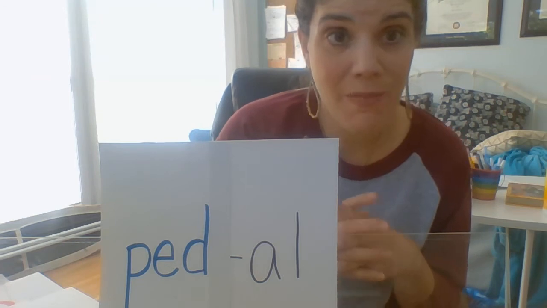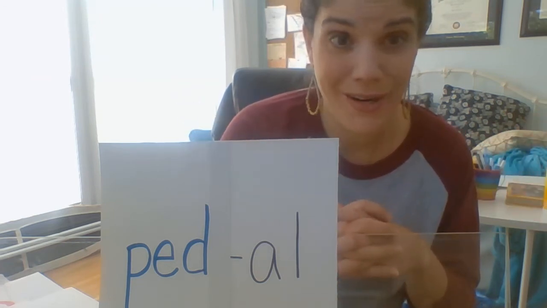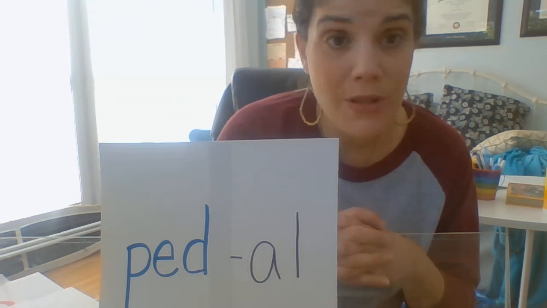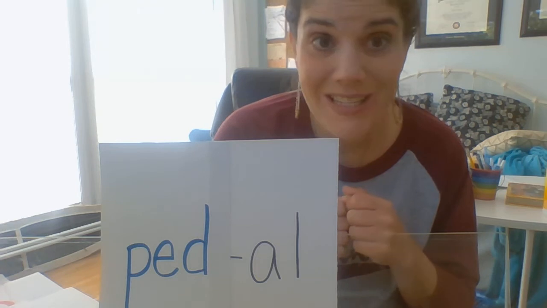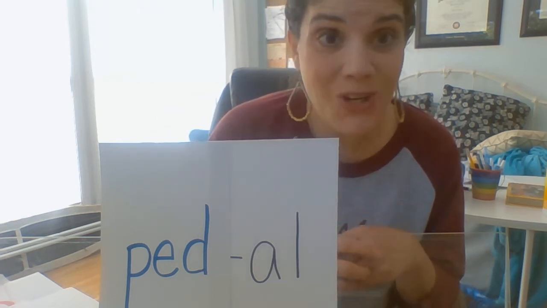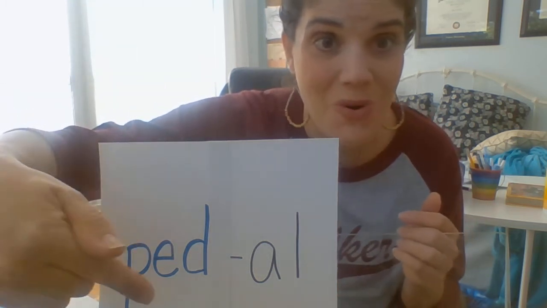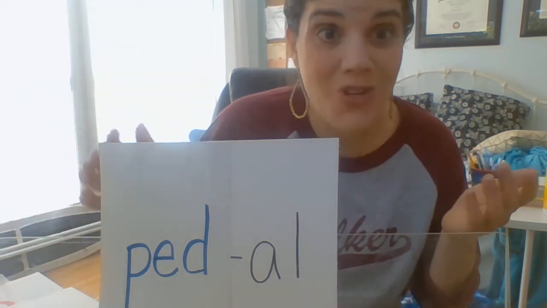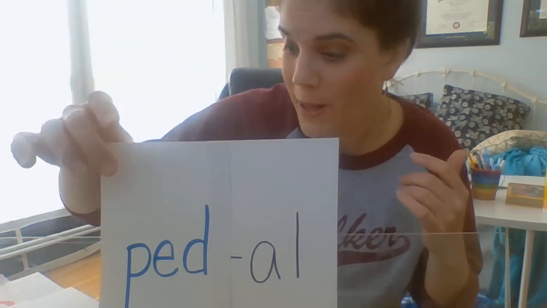Now, the parts of a flower, those colorful little things that come off from the middle of the flower, sorry, I'm not using science words, but those are called petals too, but they're spelled differently. That kind of petal is P-E-T-A-L. It's kind of cool that even though they sound the same, as soon as you know something about the word history, you know which one is which. The one with the D has got to be the one that I put my feet on. That's that kind of pedal.